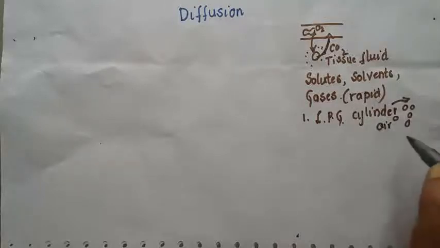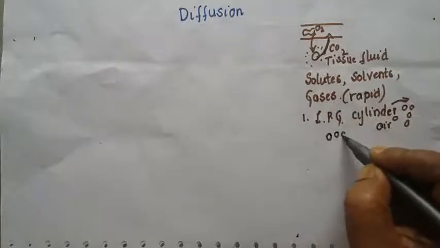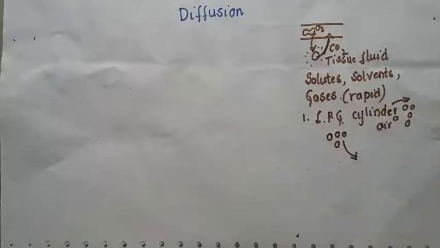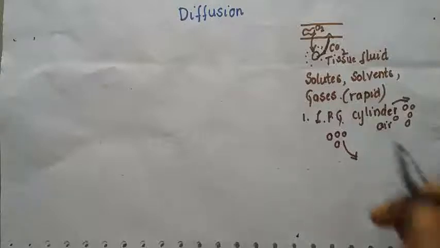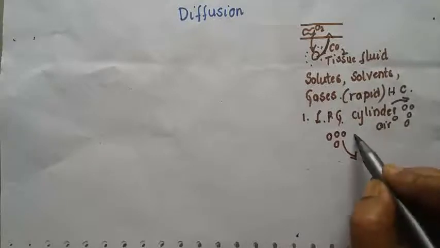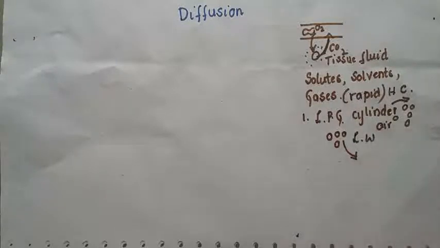From your kitchen they enter your living room, and from the living room they may enter all the places available inside your home. So you can say the molecules are moving from the cylinder to the place where you have no molecules of the liquefied petroleum gas, or in simple words, from a region of higher concentration to a region of low concentration.